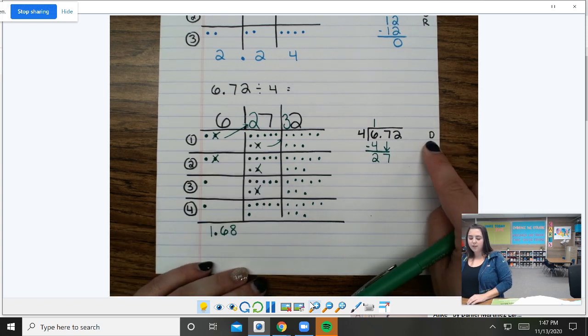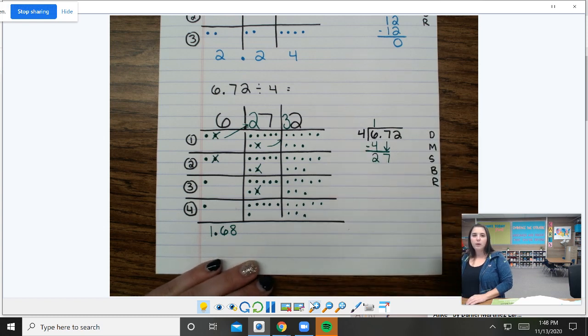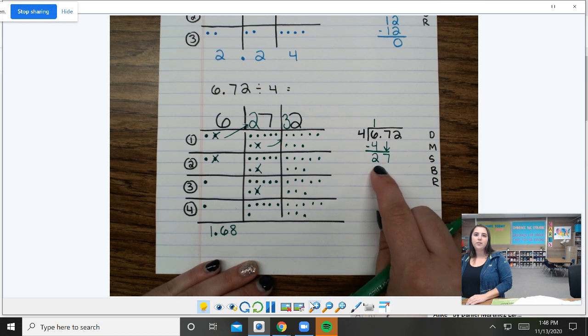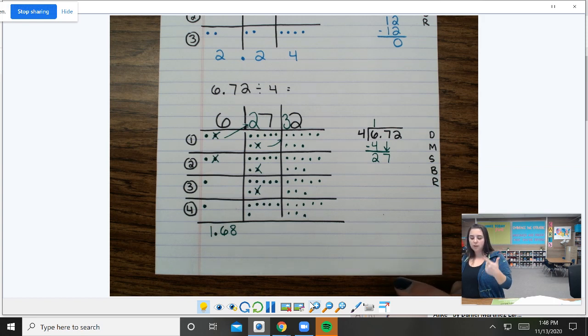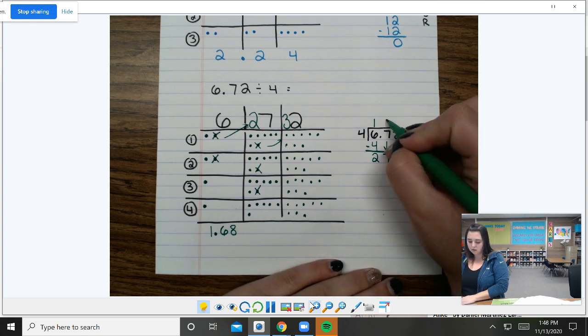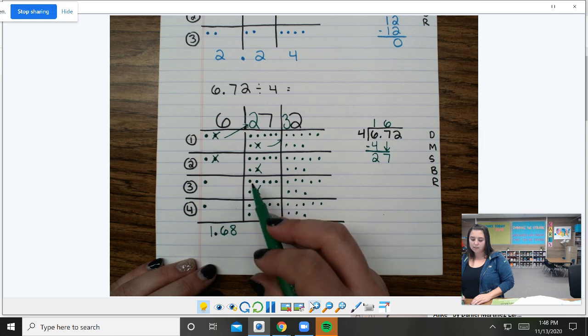Repeat. So divide again. 27 pennies divided by 4 people. How many times can 4 go into 27? 4, 8, 12, 16, 20, 24, 28. Oh, 6 times. And that makes sense because each person got 6 pennies.